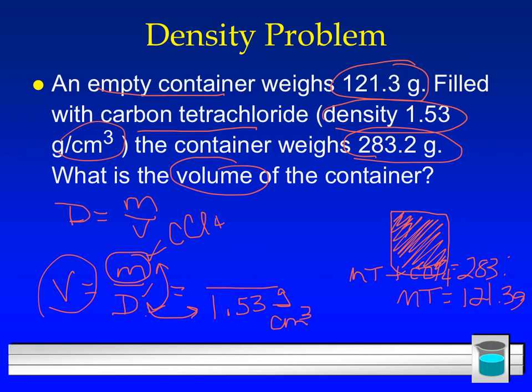283.2 grams. So if I want the mass of just the carbon tetrachloride, I've got to subtract out the mass of the empty container. Let's see if I do my mental math correctly.